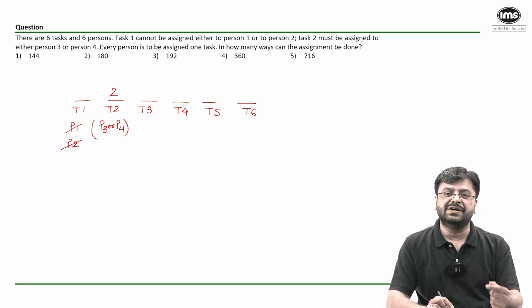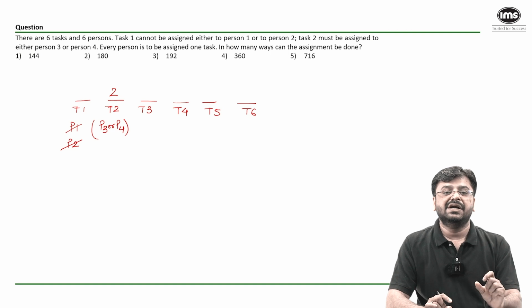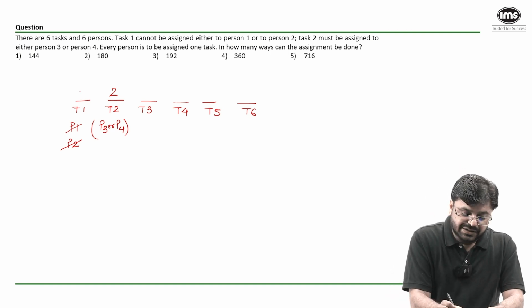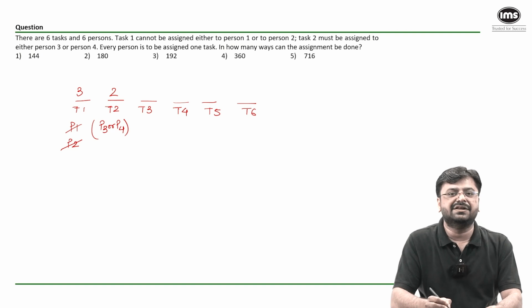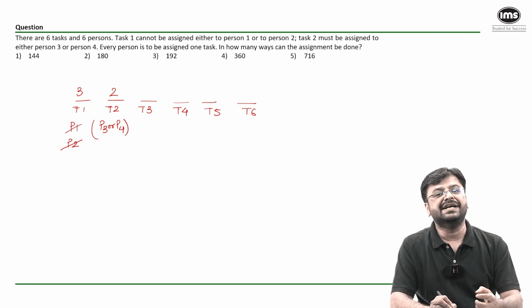So for task 1, we don't have person 1 or person 2 because they cannot do this work. Out of 3 and 4, one will be working on task 2. So out of the remaining 3, one can do this work. So task 1 can actually be assigned in 3 ways.